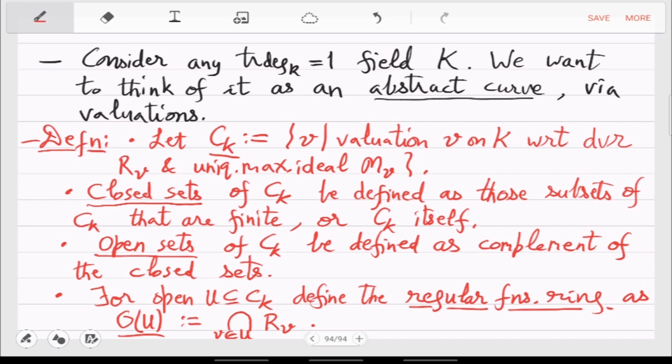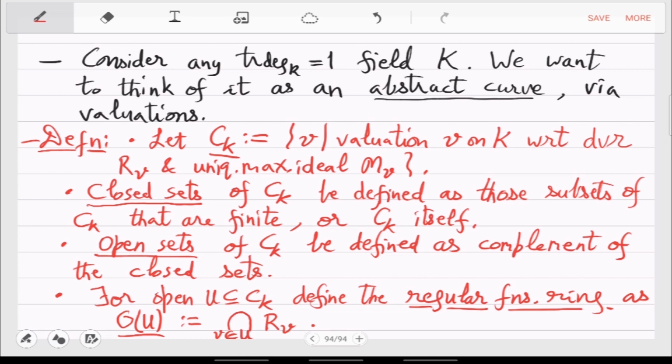So hence this is a genuine function definition on an open patch. That is how you should interpret these as being functions. When you want to evaluate an element f on V, you want to map it to a field element.